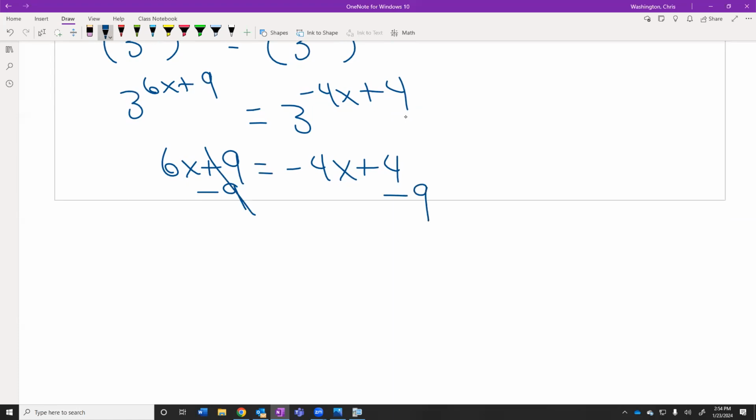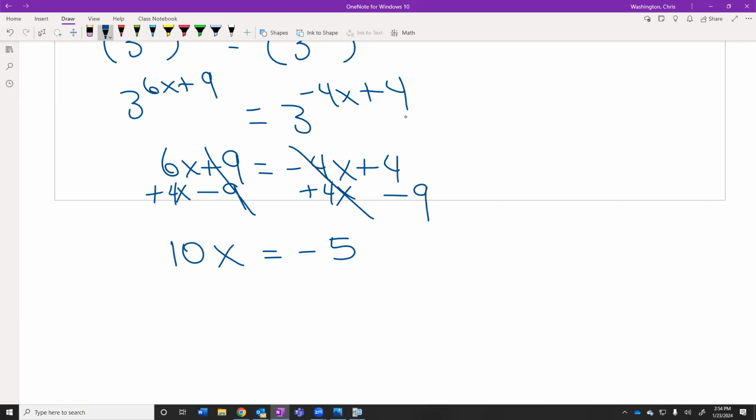And then I'm going to go ahead and look at the right side. The negative 4x has an x in it. So I'm going to move it to the left side at the same time. We can do it all at the same time, no worries. And the 4 doesn't have an x in it, I want it on the right side. So 6x plus 4x is 10x. And 4 minus 9 is negative 5.